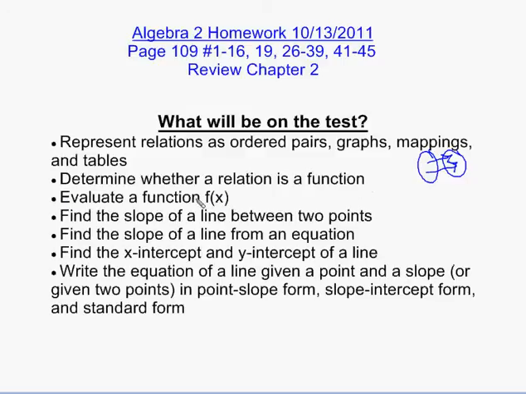You have to evaluate f of x. You've got to be able to find the slope using the slope formula, and find the slope from an equation. Find the x and y intercepts. Write an equation of a line given a point and a slope, in other words, point-slope form, or rewrite it in slope-intercept form, or rewrite it in standard form.